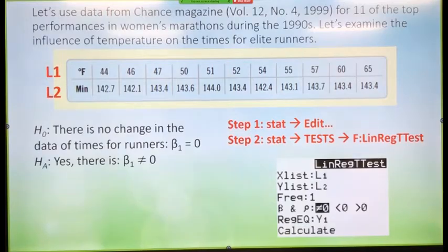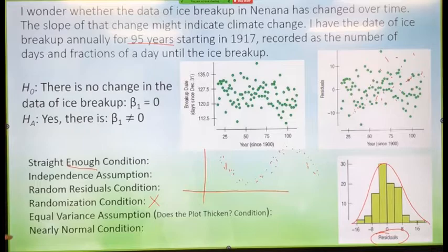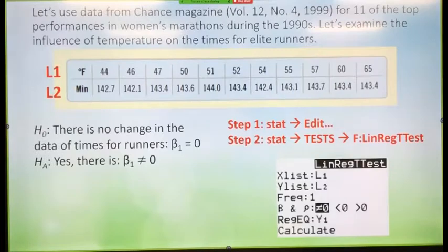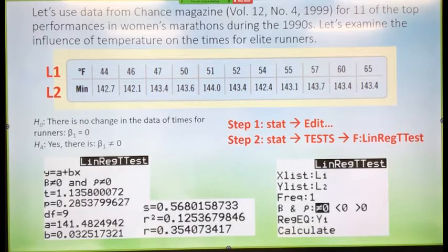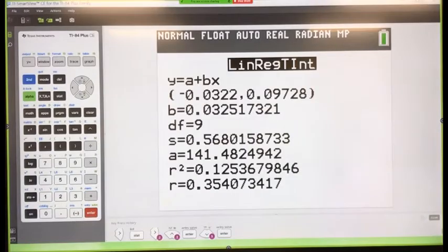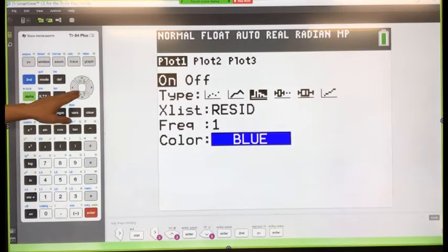Now, with this, we should have run several tests here, right? Straight enough condition, independence assumption. Let's go ahead and look at the data again. So I want to go to stat plot. Let me turn this plot on.